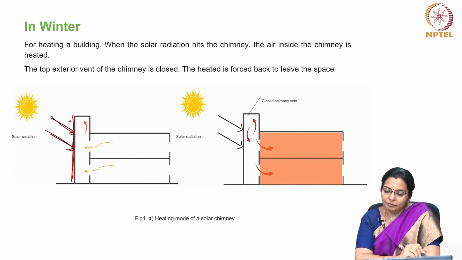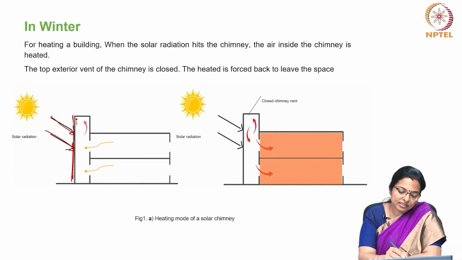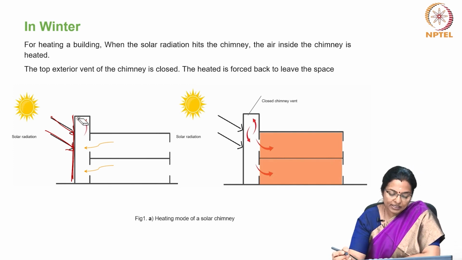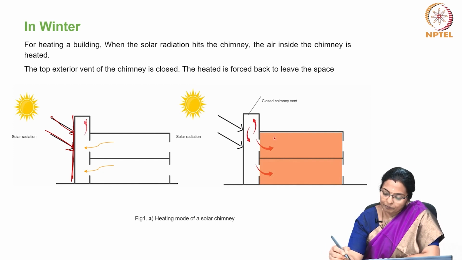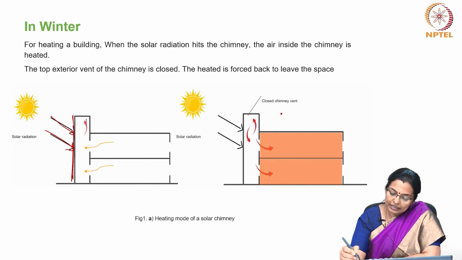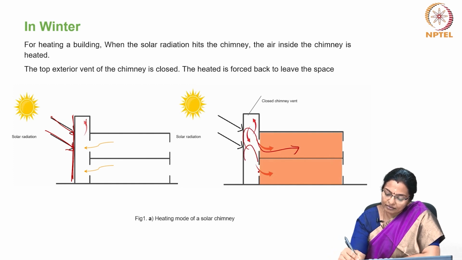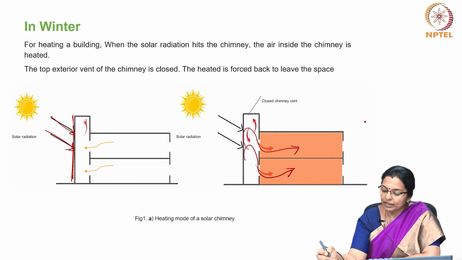And what happens? The heated air is forced back to live in the space. So the vent is not kept open, but closed. Once the vent gets closed, the air is forced to enter the room.